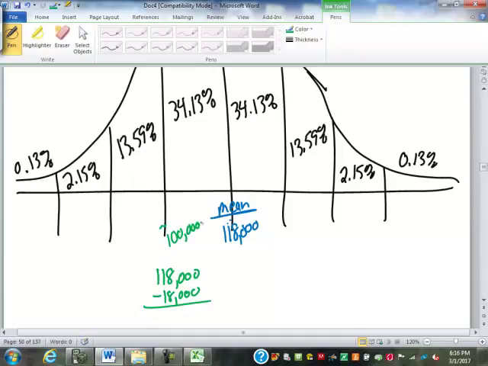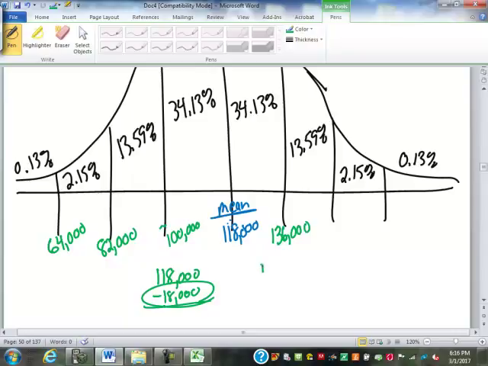I'll put the zeros in to avoid confusion. This next one's going to be 82,000 because I subtracted another 18,000, another standard deviation. What's this last one going to be? 64,000. Going the other way, what number is going to go here? 136,000.